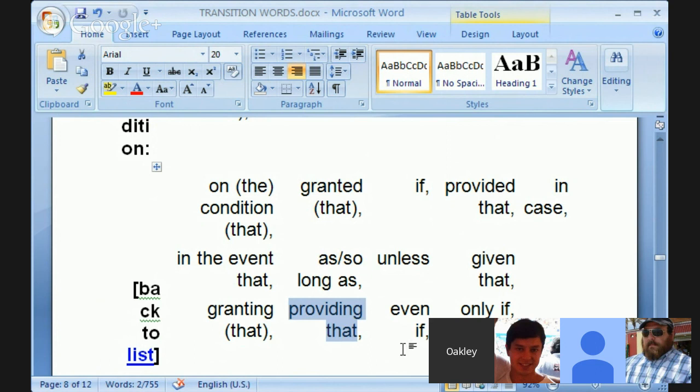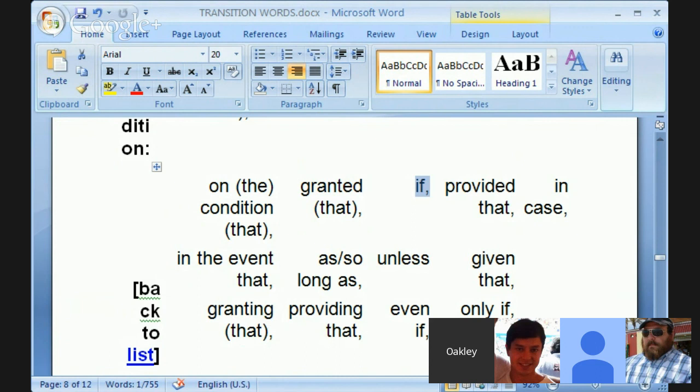Notice, providing that, all of these, you're making a condition. You're making a conditional sentence, all right? So providing that I pass the exam, I will graduate. It's the same structure. Whether you're using if or one of these other transitional clauses, you use the same structure as you do in normal if conditional sentences. Mauricio, you want to try this out?